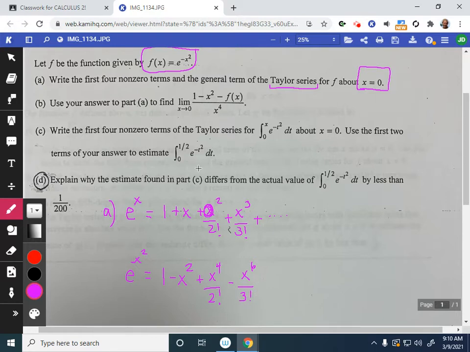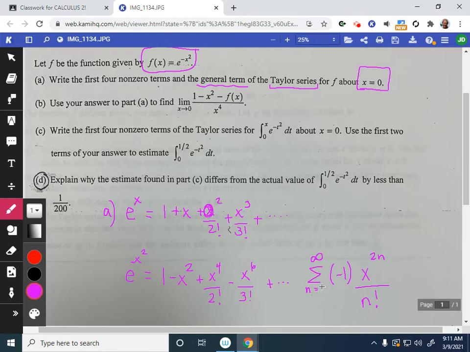Oh, shoot. And the general term. Forgot about that. So this can be written as the series. We're going to have an alternator. X is going to be raised to all the even powers. But on the bottom, we're still just going to have n factorial. So let's see how this shakes out.